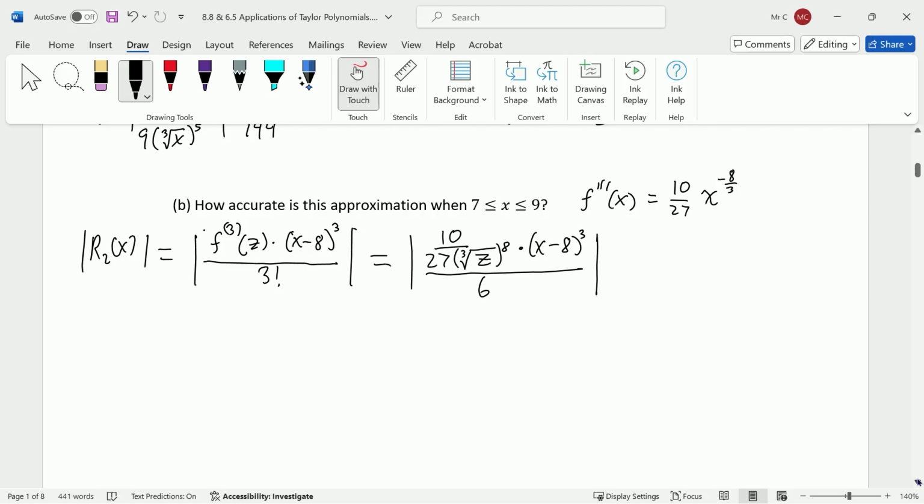Okay, so now I'm going to try to simplify this thing a little bit. So I'm dividing everything by 6, so I can simplify the 10 over 6 to be 5 over 3. And 3 times 27 is 81.